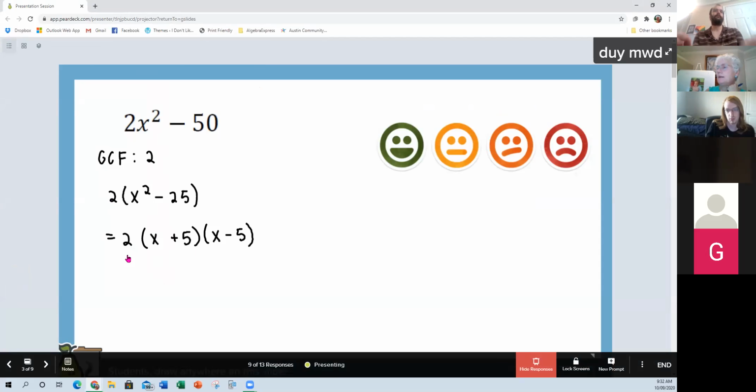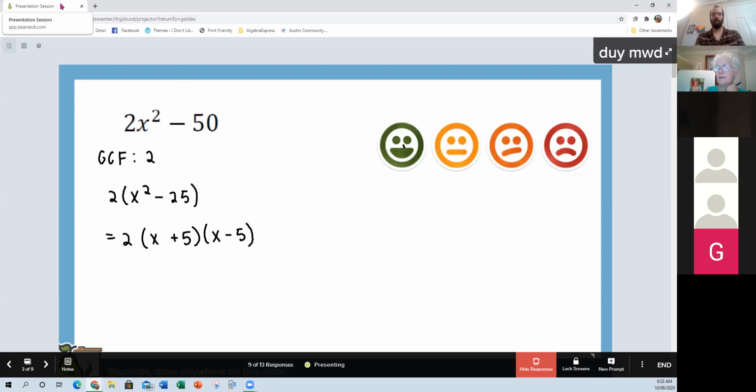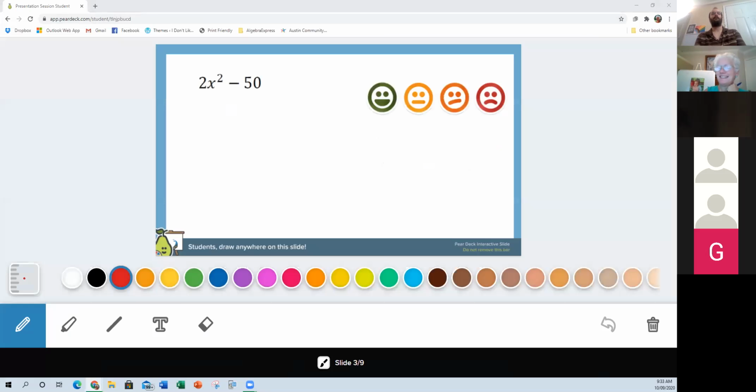And then they said, okay, that's the difference of 2 perfect squares. So that factors to be x plus 5 times x minus 5. That person should put a big happy face on that. Who did that one? That was me, Chelsea. Beautiful. Great.